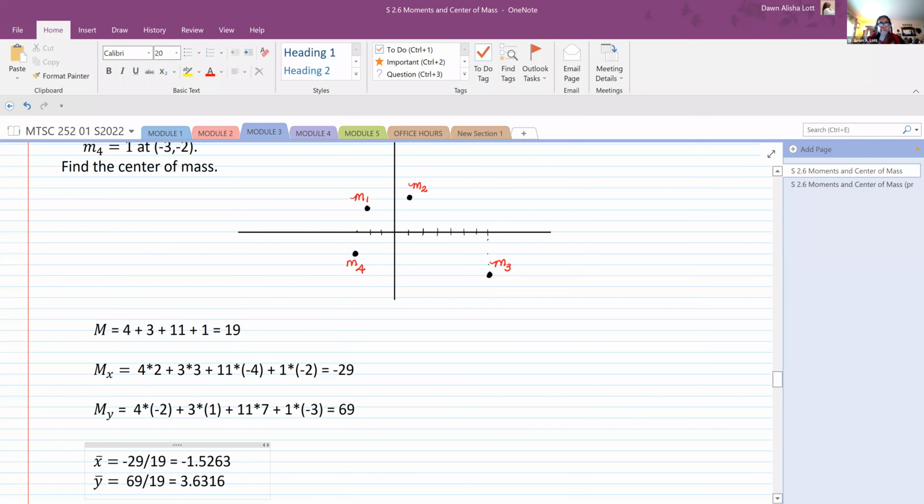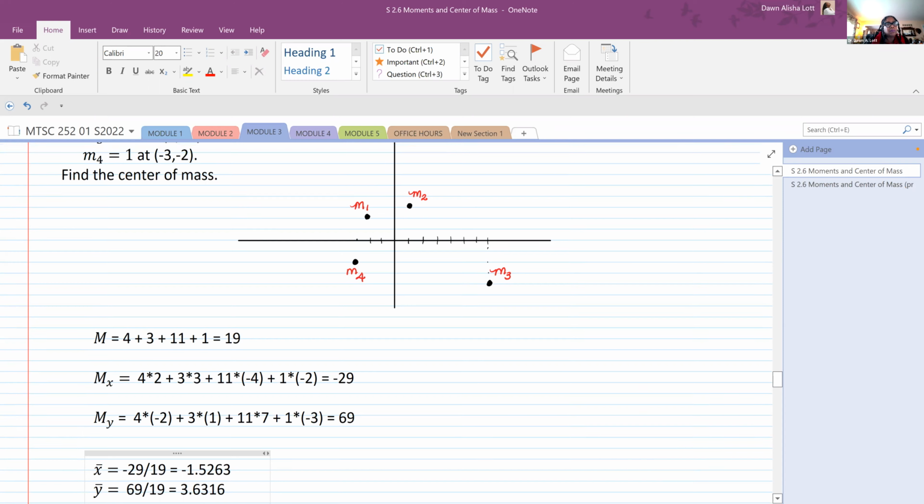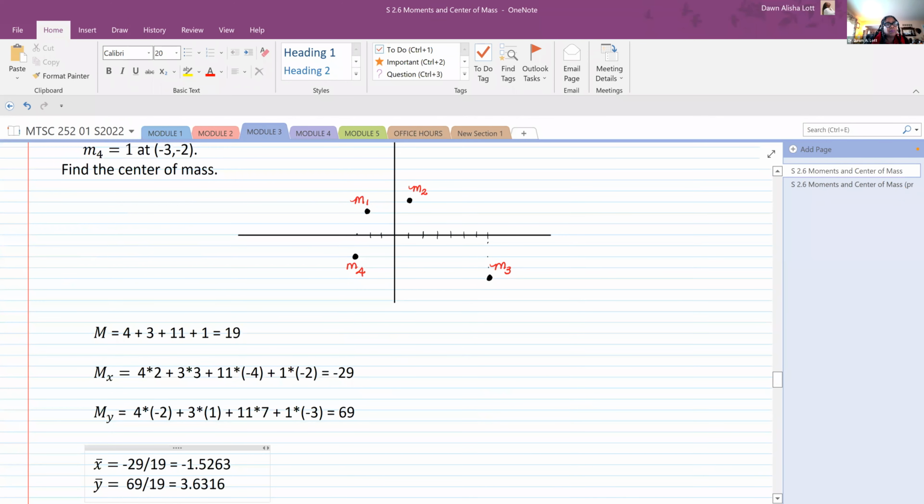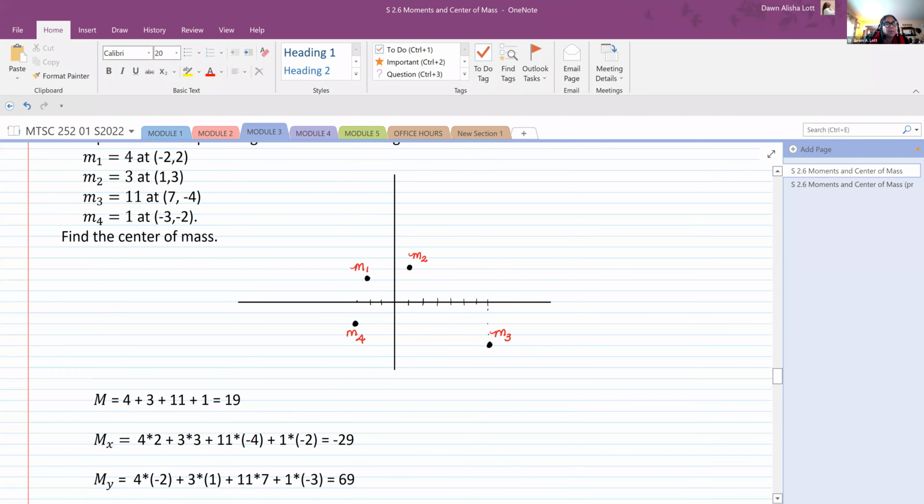Okay. I don't believe that. MX was 4 times 2 plus 3 times 3 plus 11 times negative 4 plus 1 times negative 2, which gave us negative 29.